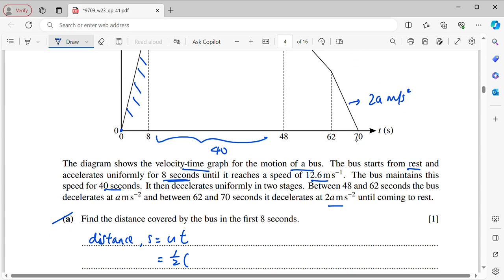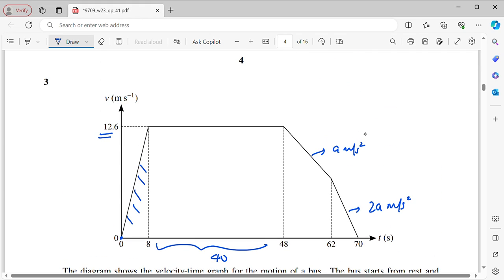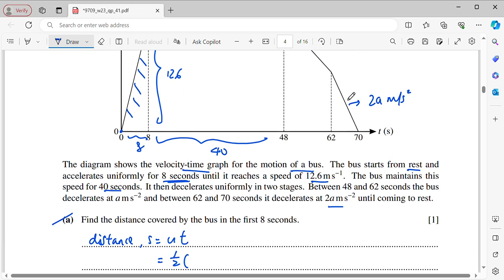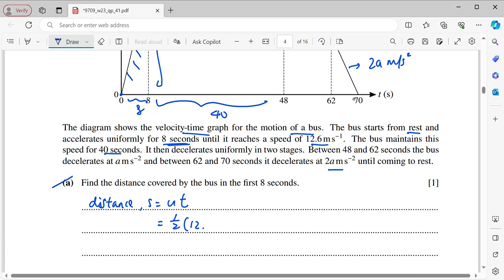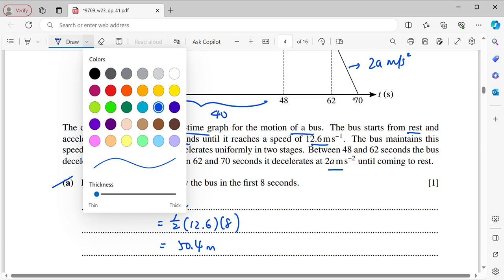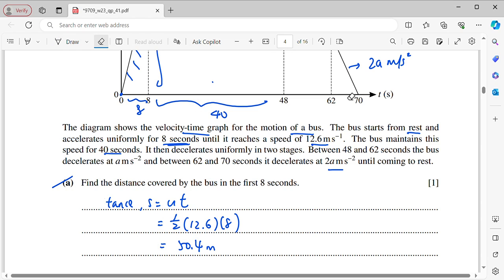Or I would say that the distance is basically the area under the curve. So here is 12.6 and this is 8. So 12.6 times 8 gives 50.4 meters. So that's the distance of the first 8 seconds.